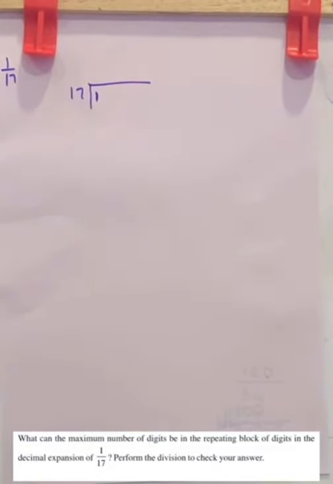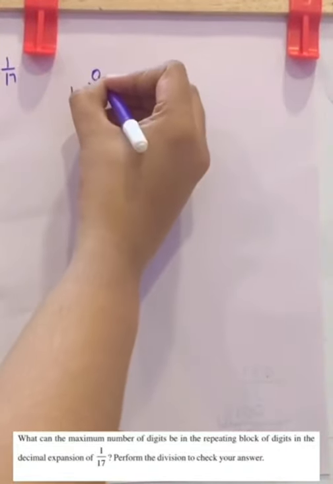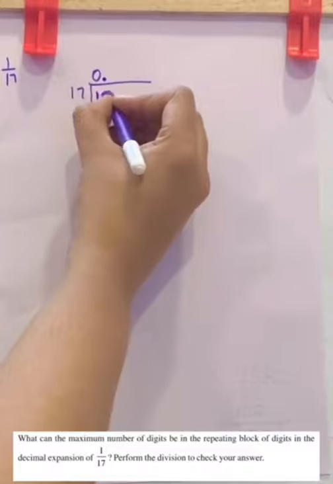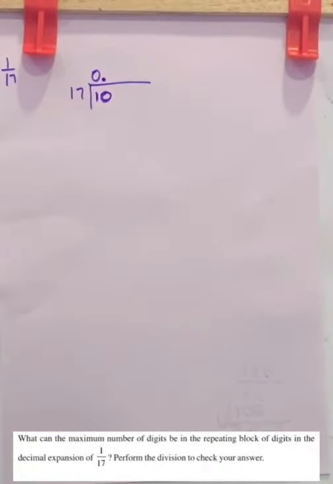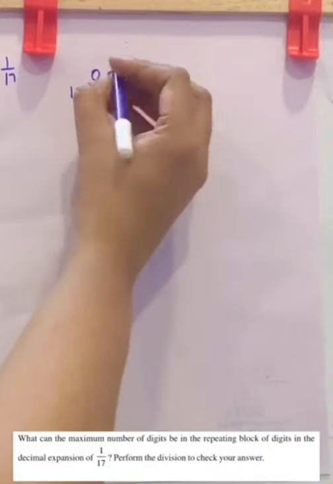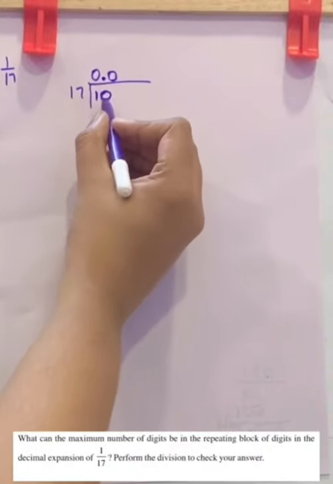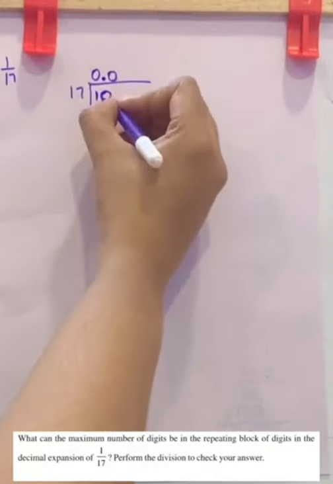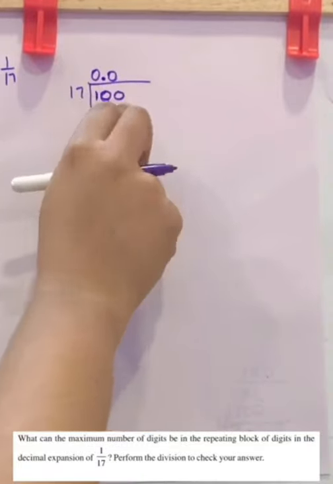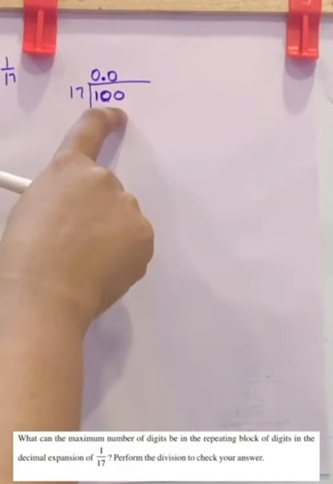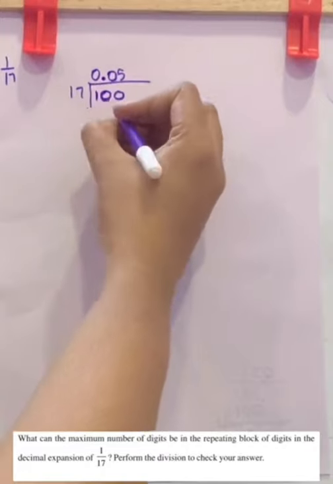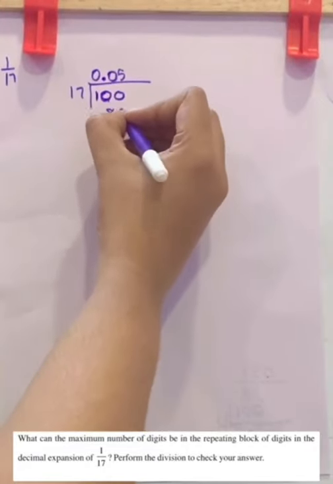Now 1 can't be divided by 17, so you put 0 and put a decimal to make this 10. In 10 also 17 can't divide, so put 0 here. Now add one more 0, make it 100. Here you can divide it with 17. It is 5 times and the result is 85.